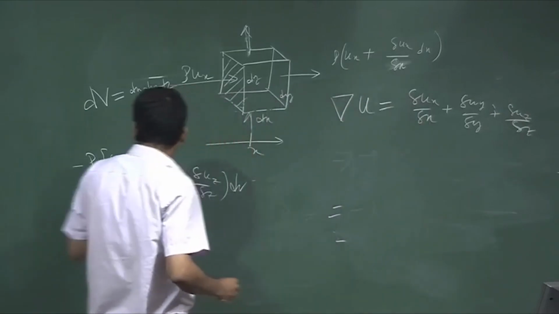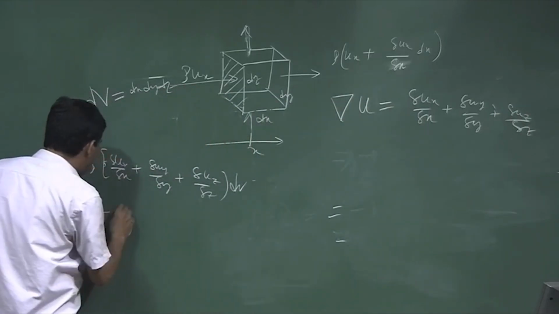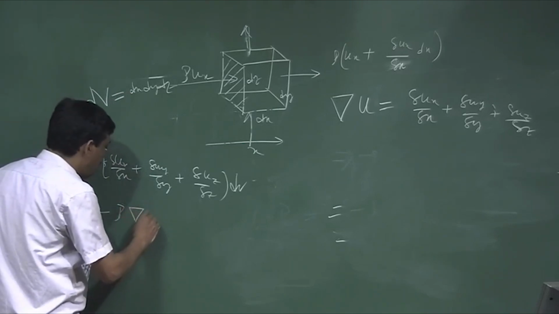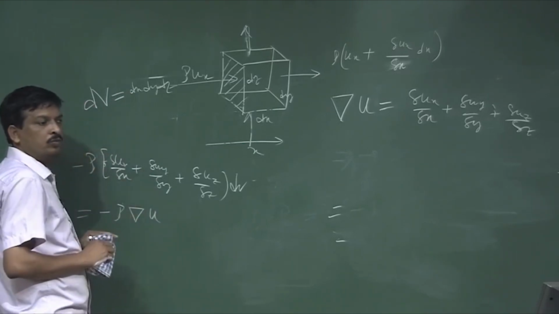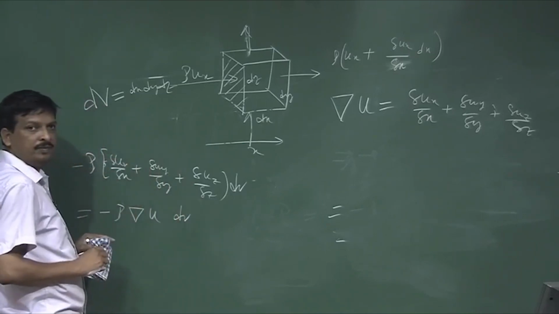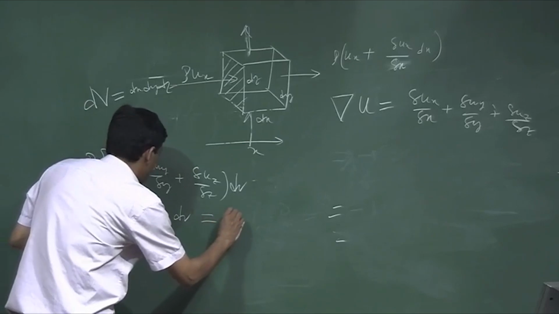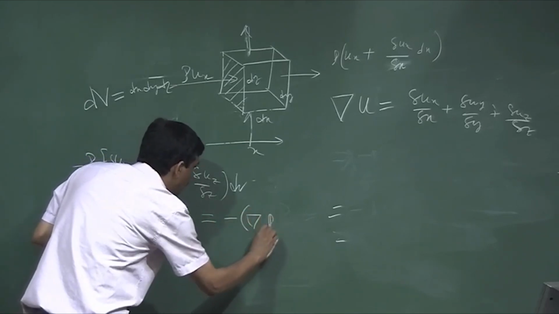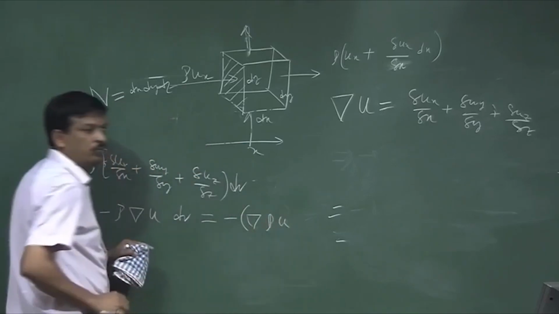So, I can write this equation as minus rho divergence of u into dV, or minus divergence of rho u.